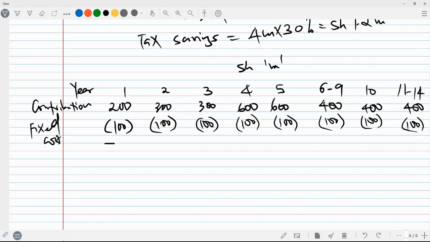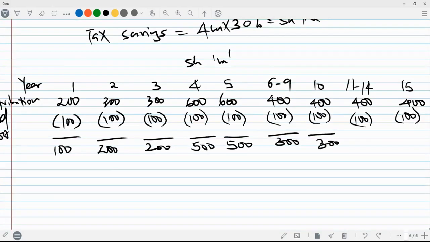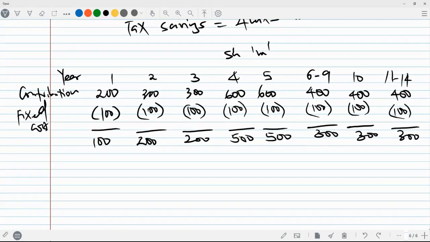Then you pay tax at 30%, and you pay the tax in the same year, I assume. So here you pay 30, cash outflow 60.